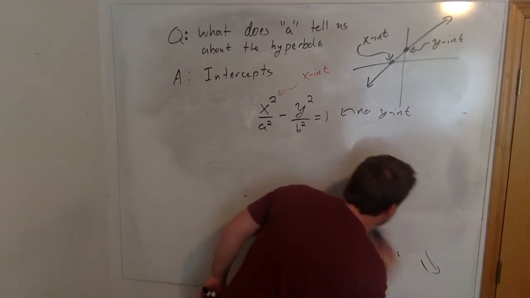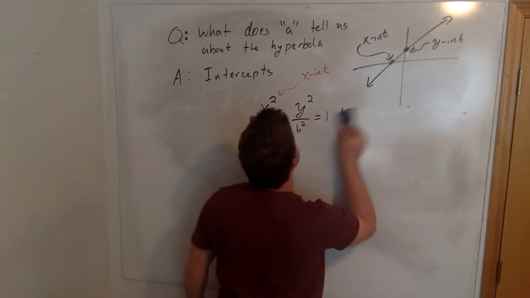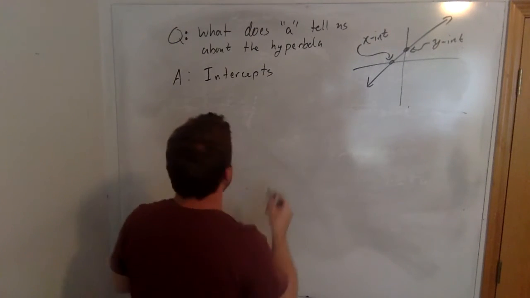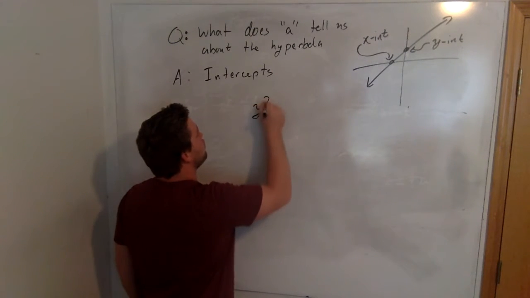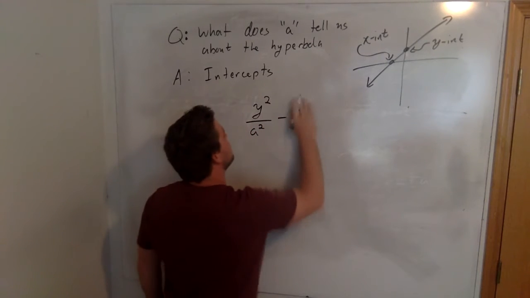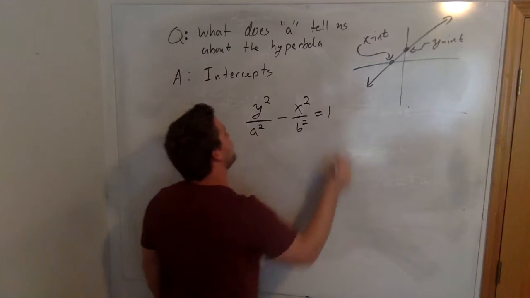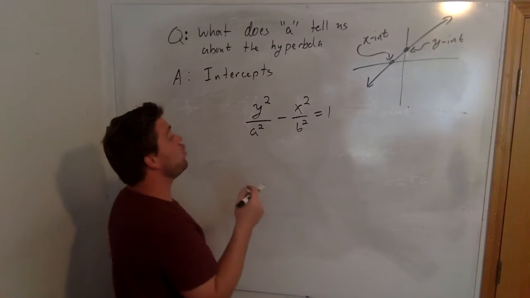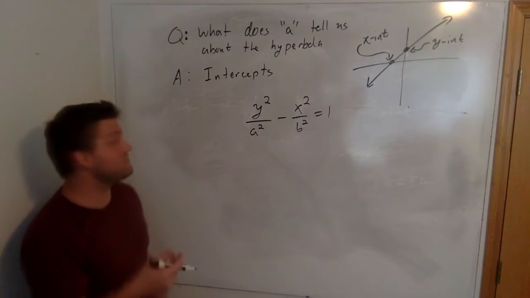Now the other way around: if we have y squared over a squared minus x squared over b squared equal to 1, I hope you realize that this will not have x-intercepts.